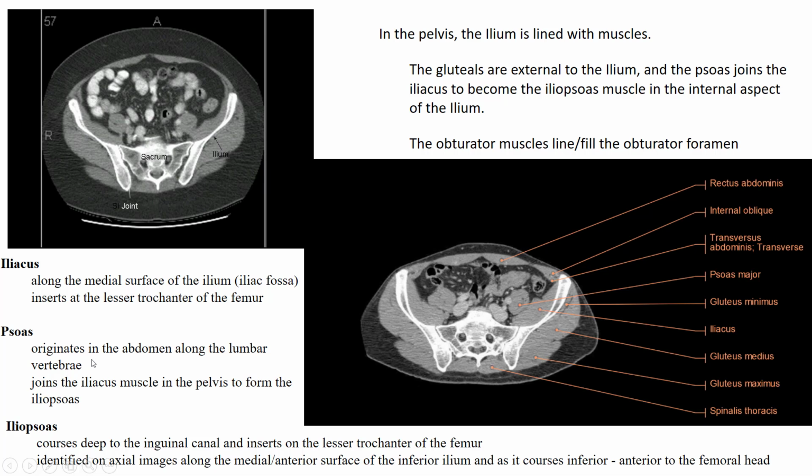The psoas originates in the abdomen along the lumbar spine, and then it joins the iliacus muscle to form the iliopsoas. The iliopsoas courses deep to the inguinal canal and inserts on the lesser trochanter of the femur. You'll see it lateral to the spine and anterior to the ilium, into the wings.